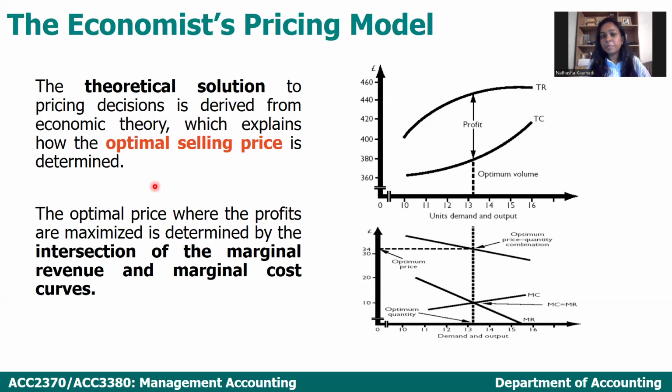Now, as per the economist model, as a theoretical solution, they say the optimal price where the profits are maximized. Profit එක maximize වෙන optimal price එක. Optimal price is determined by the intersection of the marginal revenue and marginal cost curves. Where the marginal revenue and marginal cost are equal, that is the point where we can find the optimal price. Look at this graph, then it would be very clear to you.